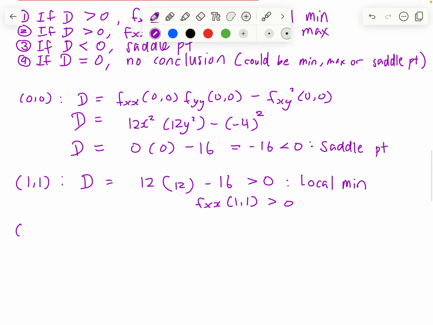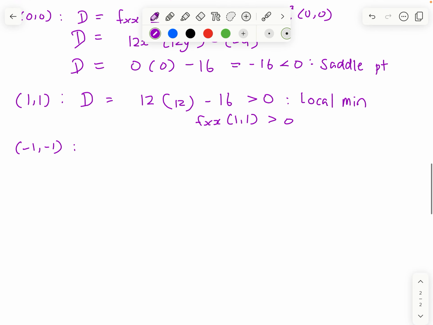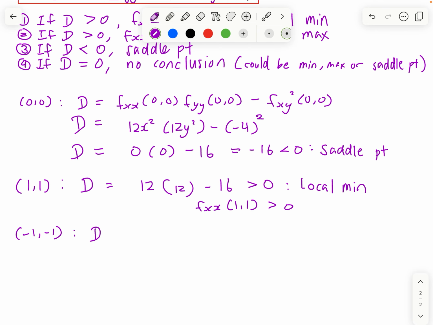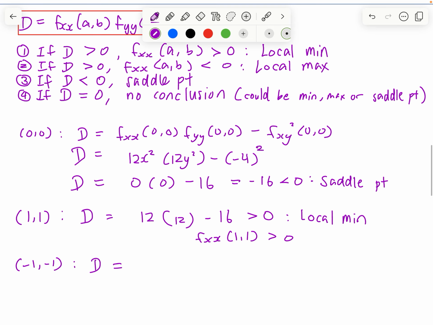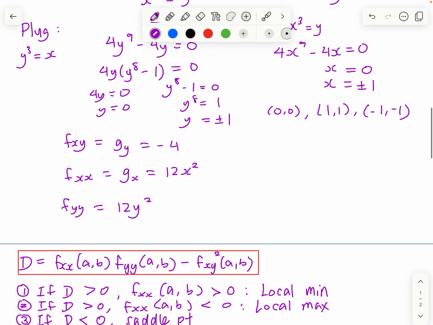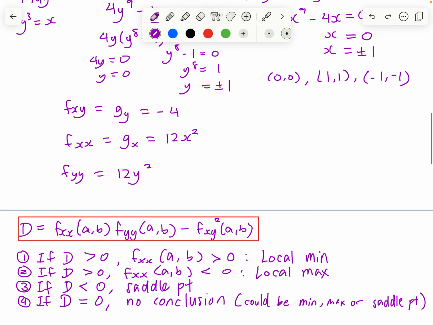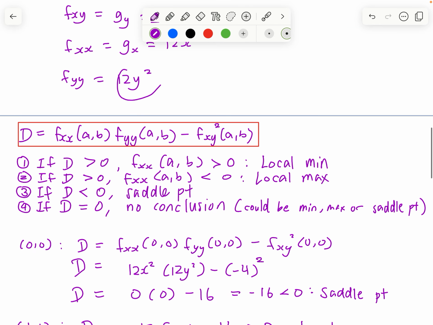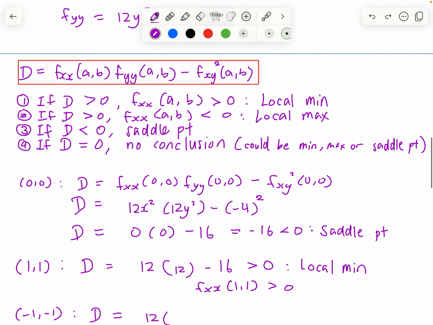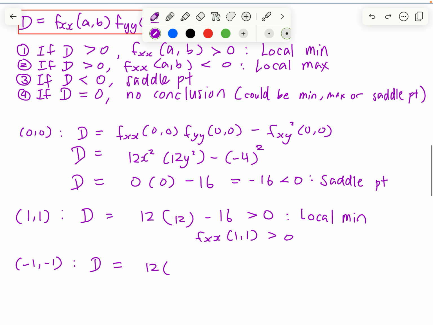And then last but not least, the final point that we want to test is -1, -1. To do that, we find the discriminant at -1, -1. fxx at -1, -1 is just 12 because we're squaring it. The same goes for 12y squared, because 12 times -1 squared is just 12. And again, we have the -16 because the point does not do anything to it.